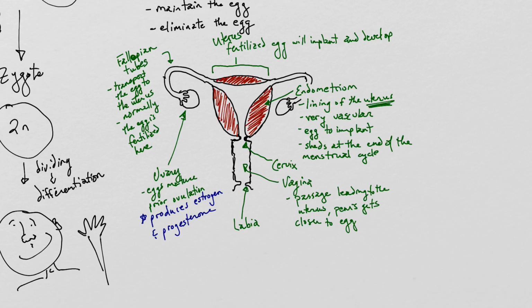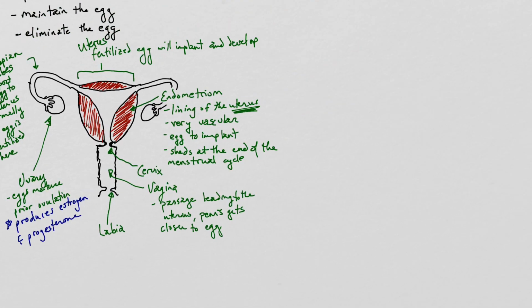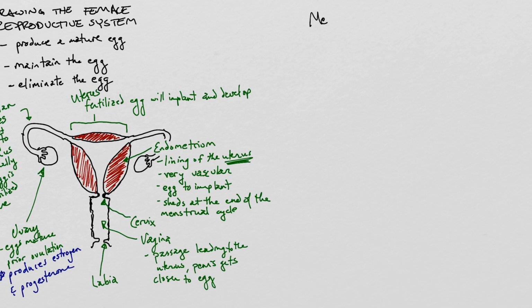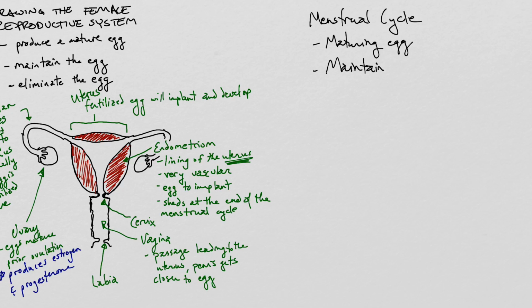Okay, so the menstrual cycle is a process of maturing the egg and maintaining the egg, giving it a healthy environment in which it can be fertilized and develop into an embryo.